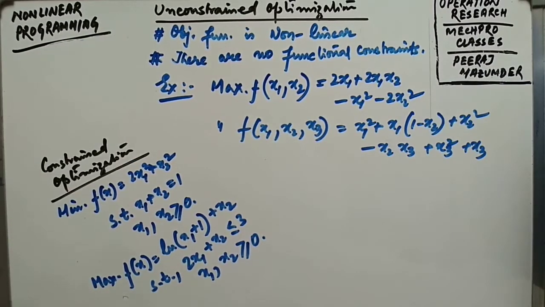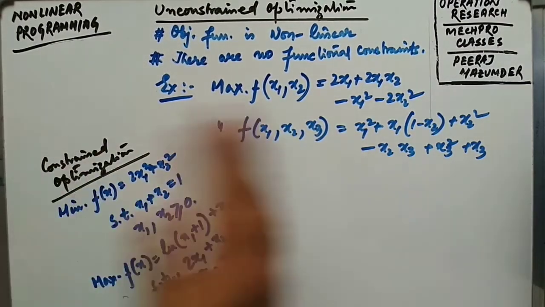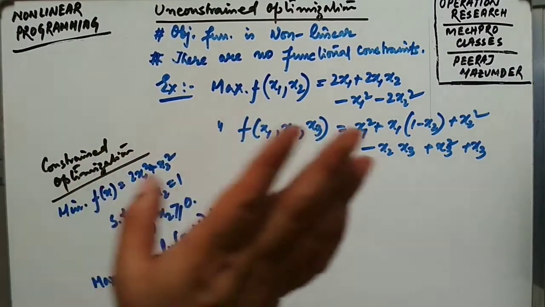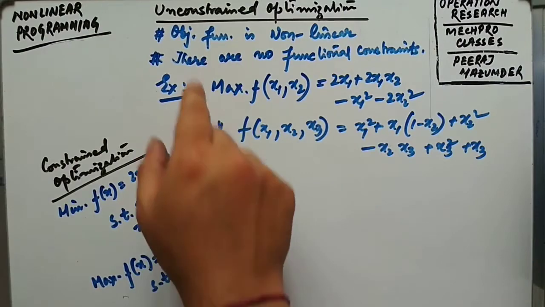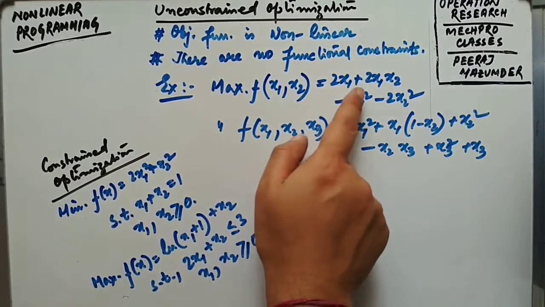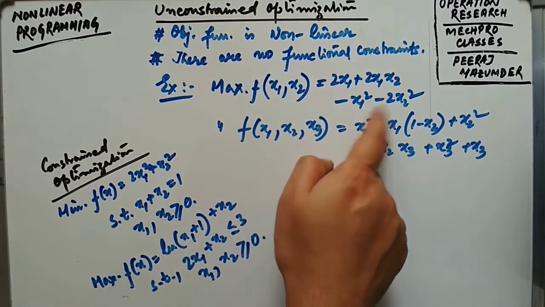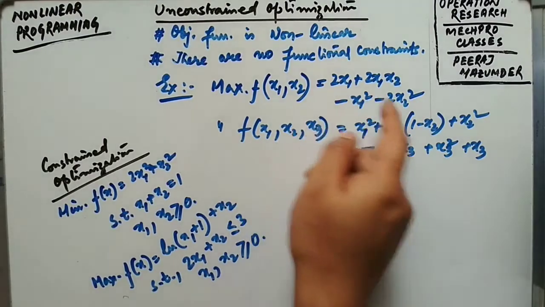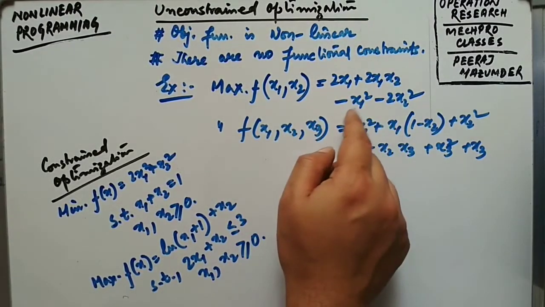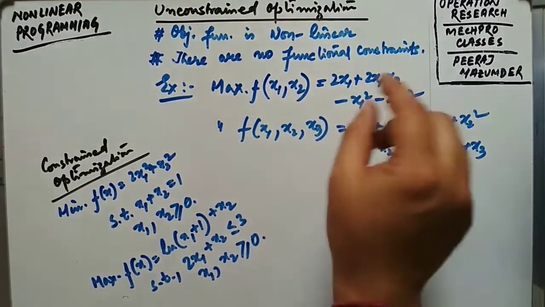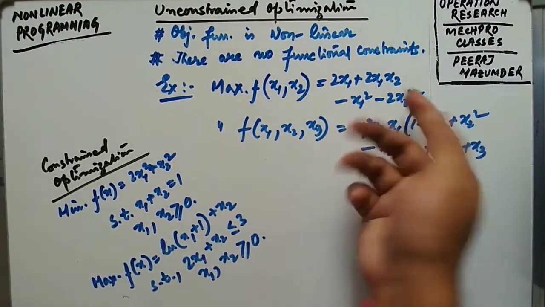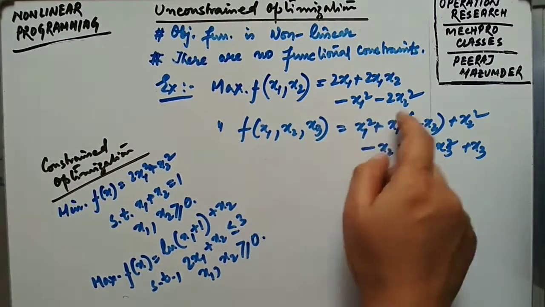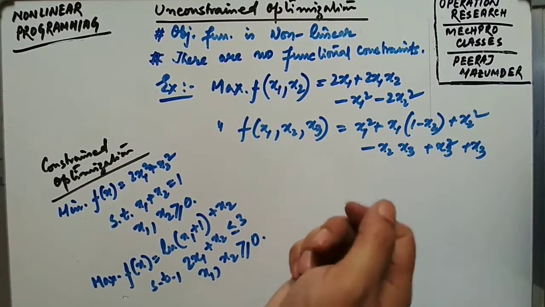Now if you look at these two types of problems, one is unconstrained optimization and the second is constrained optimization. In the unconstrained optimization, as you can see, the objective function is nonlinear. There are product terms and square terms as well, so it cannot be treated as a linear one. If it were linear, the objective function wouldn't have these terms; it would be simple, like 2x1 plus x2. When we have square terms or product terms, that is the nonlinear one.